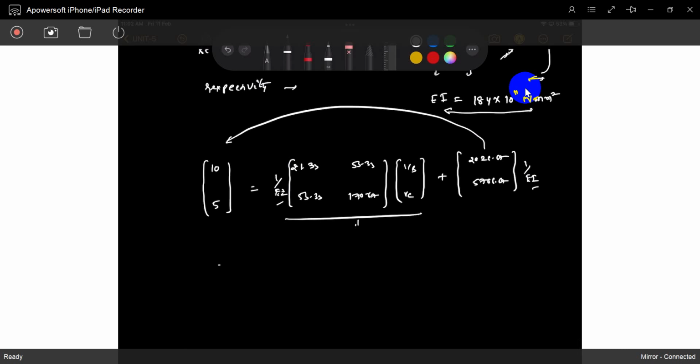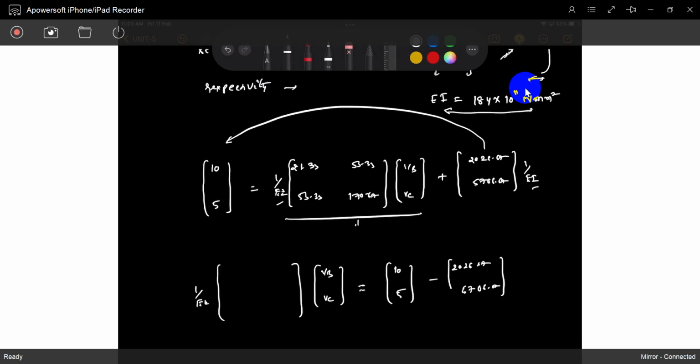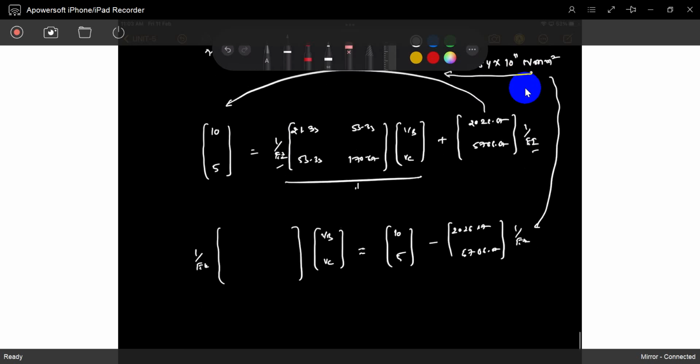The same flexibility matrix VB and VC, 1 by EI, it will come as 10, 5 minus 5706.67, 1 by EI. If you place the EI value with this, and what are those values?